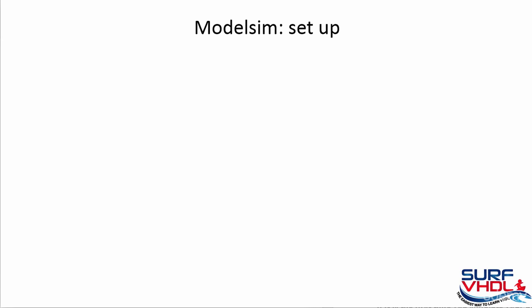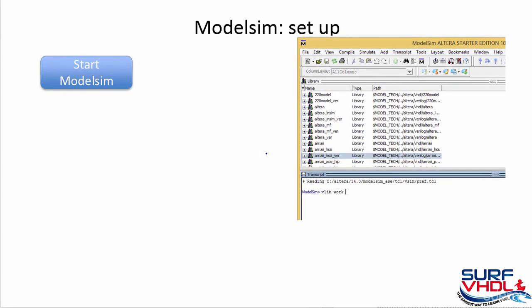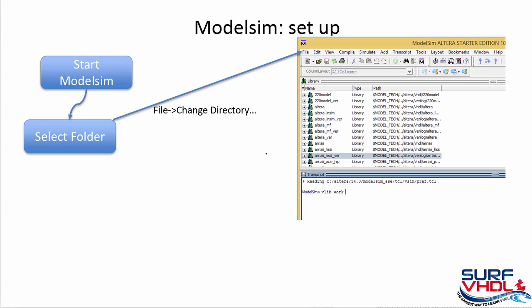In order to compile and simulate the VHDL files of your design, ModelSim needs a working library. The working library, by default, with great imagination effort, is named work. I suggest you maintain the default name. Let's see the first step. Start ModelSim. Select your design folder where there are all your VHDL files.